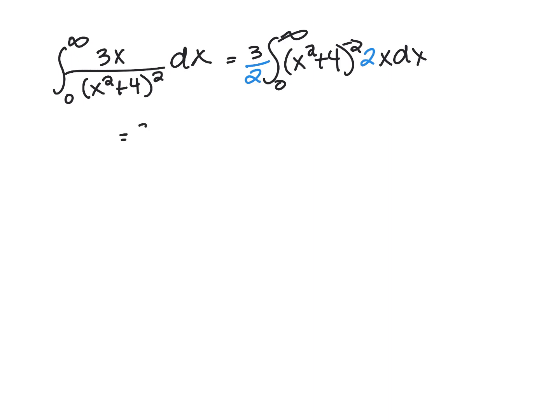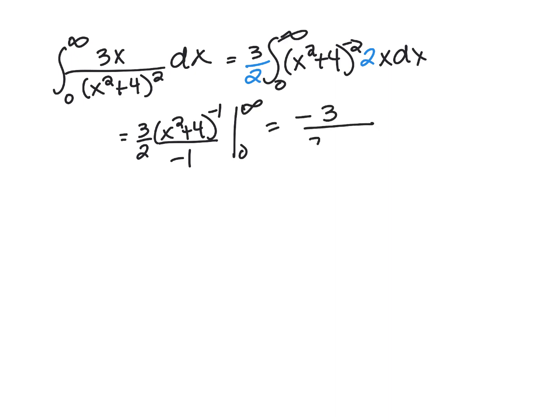Here we go, straight power rule. Add 1 to the power, divide by the new power, simplify it, 3 and a negative and a 2 and a blob on the bottom.